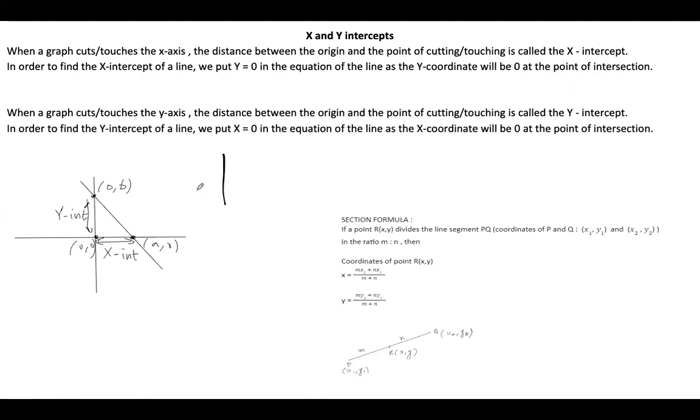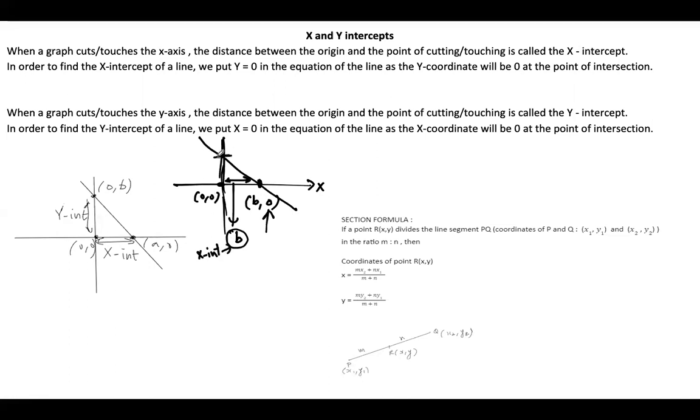So the diagram is already there. I'm remaking the diagram. Let's say this is your line. At this point, when it is cutting the x-axis, what is the value of y? 0. Let's say this value is b. Whatever distance this line makes from the origin is called the x-intercept.